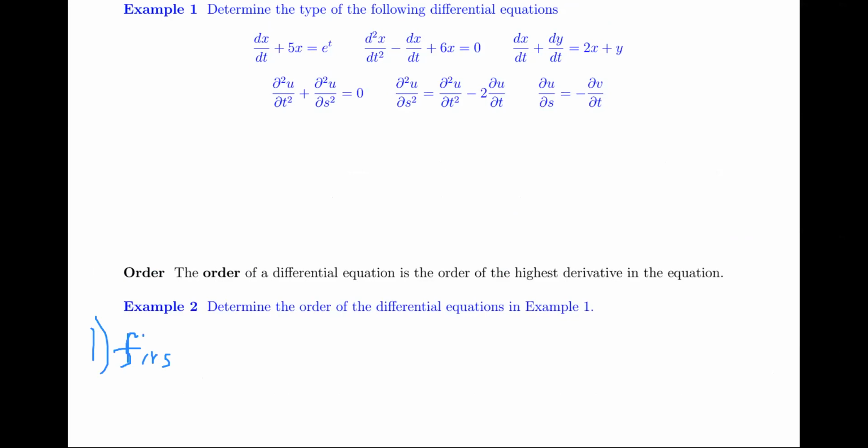For number 2, we have d squared x dt squared. That notation means the second derivative of x with respect to t. So we have a second derivative, i.e. this is a second order differential equation.